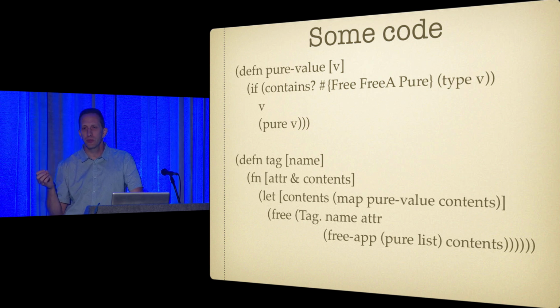But if it's not one of those types, then it just wraps it in a pure and says this is going to be a leaf. And the only reason that's in there is to make the DSL that we'll see a little bit later just a little prettier. Otherwise you just have to put that pure in there every time you use it. Okay, so the tag function is a little more complicated.